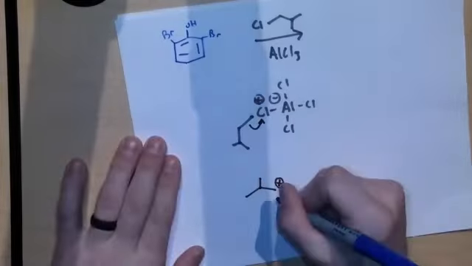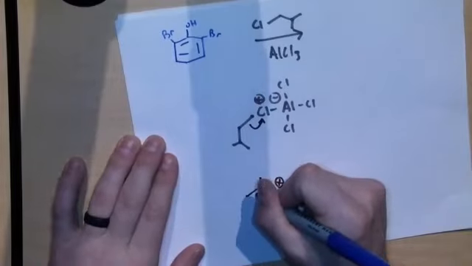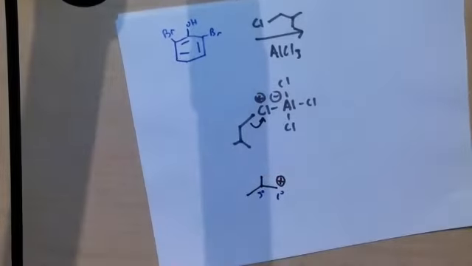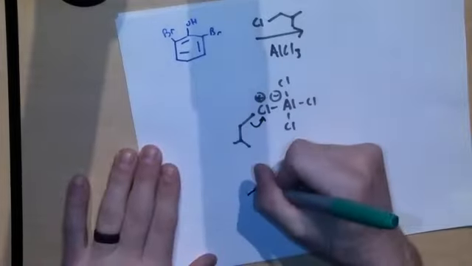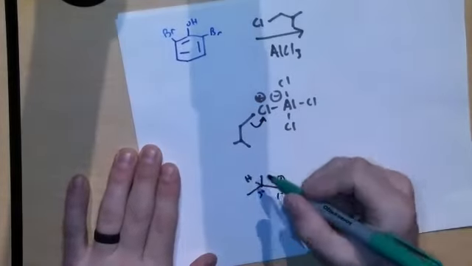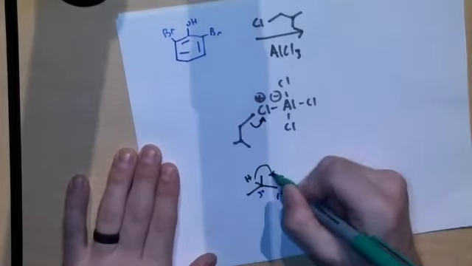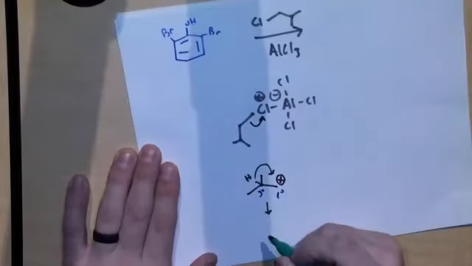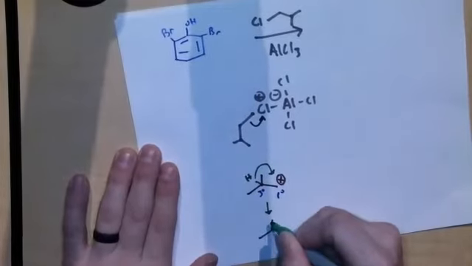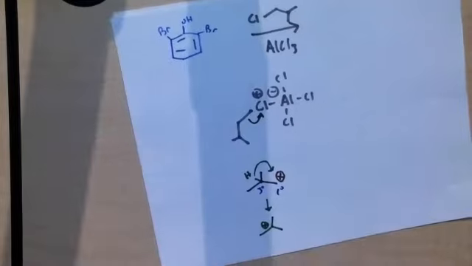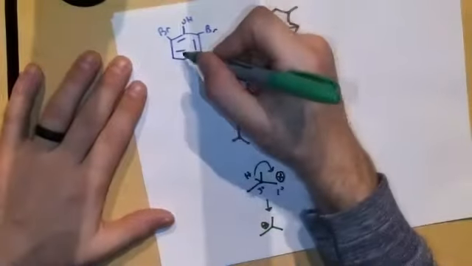This is a primary carbocation next to a tertiary center. So it's going to rearrange. We're going to have a hydride shift happen, and end up with that carbocation on a tertiary. From here, we're doing the same reactions we normally would. So we can attack.